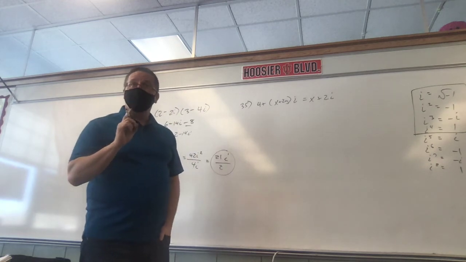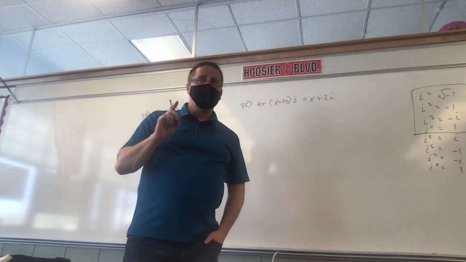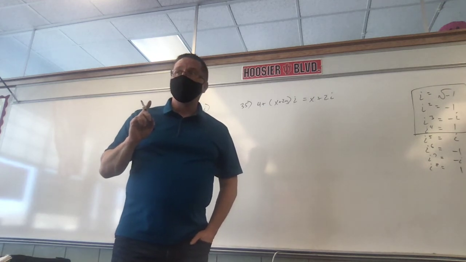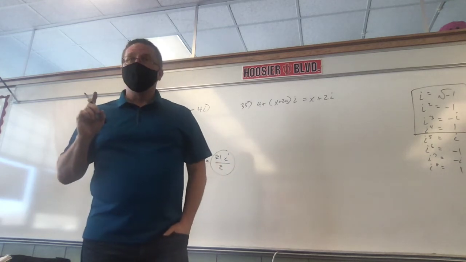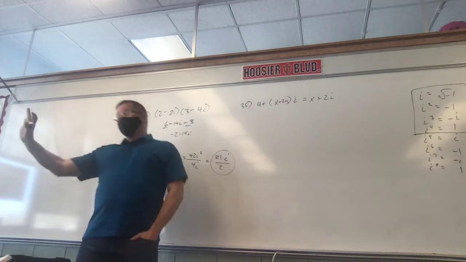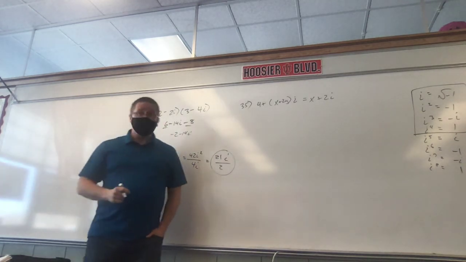Good. Why don't we solve for the variable i? Listen to what I said. I'm saying it very carefully. Why aren't we solving for the variable i? Because it's a variable? You're totally wrong. Because it's imaginary. i is not a variable. It's a number. What number? The square root of negative 1, okay? i is not a variable.